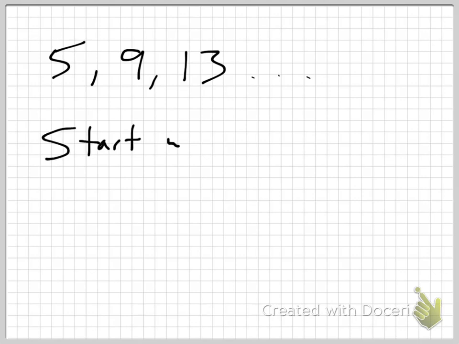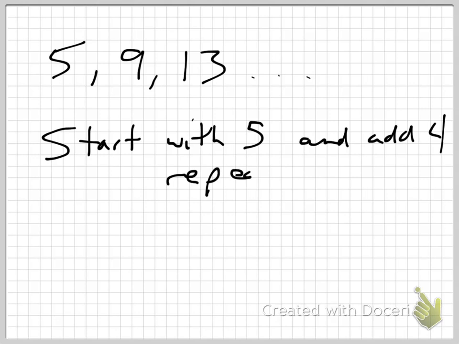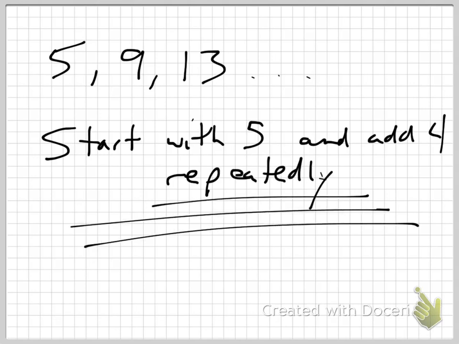Start with 5 and add 4 repeatedly. That is how you would say that pattern. Start with blank and blank repeatedly, whatever it is. That's how you do your rules. Let's try another one.